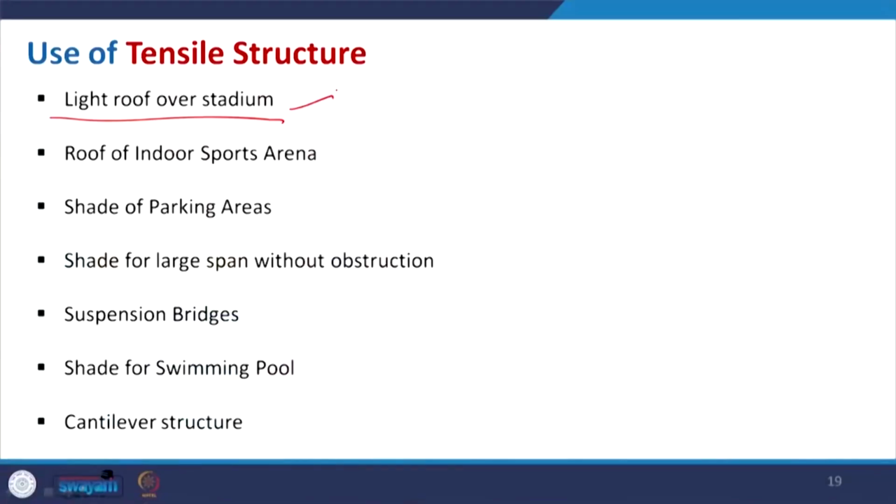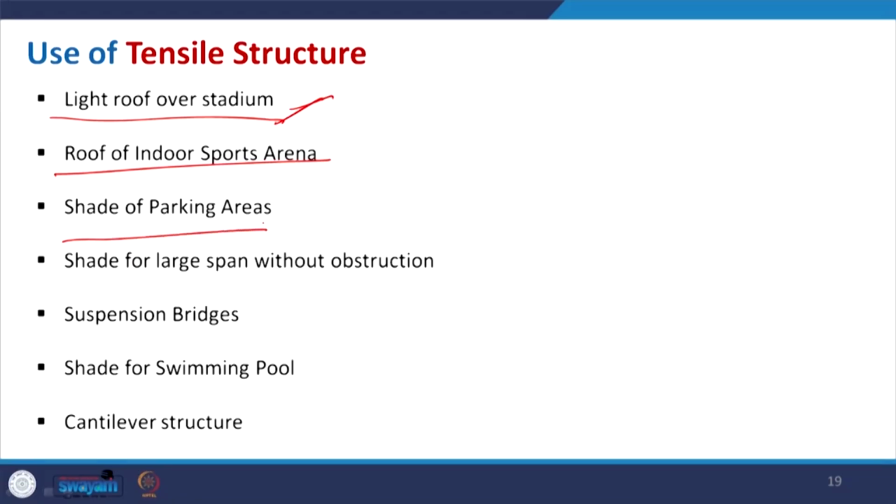Whenever we have an indoor sports stadium, like this Tokyo Dome or the other one that we discussed, that is used to cover a football stadium. So, this is one use of the tensile structure.